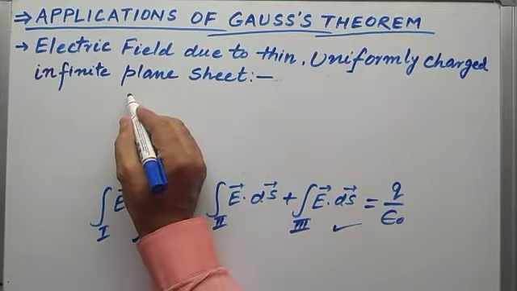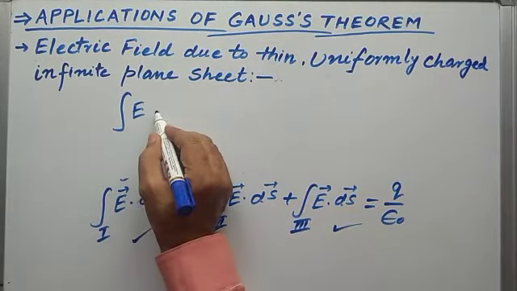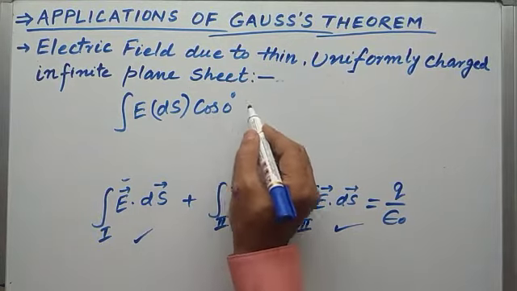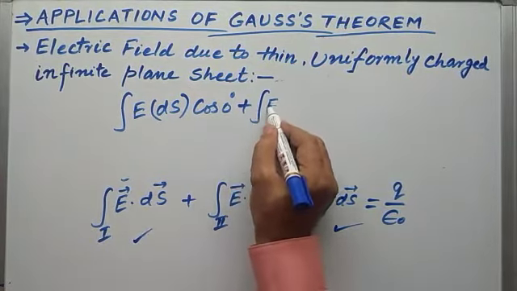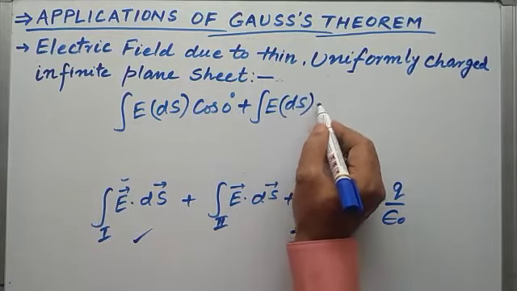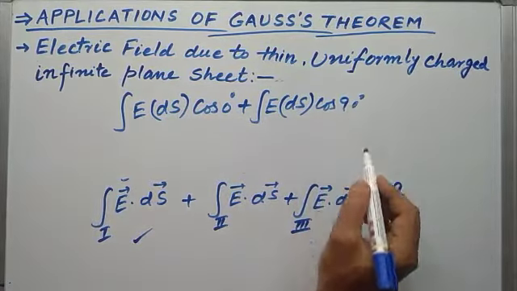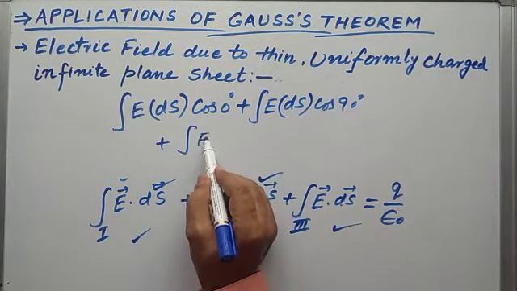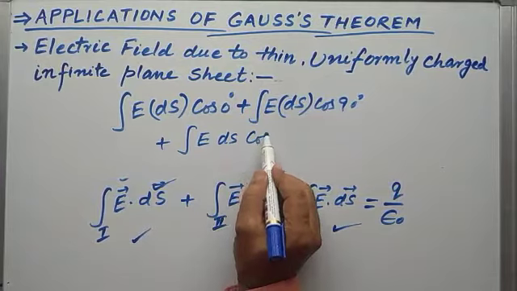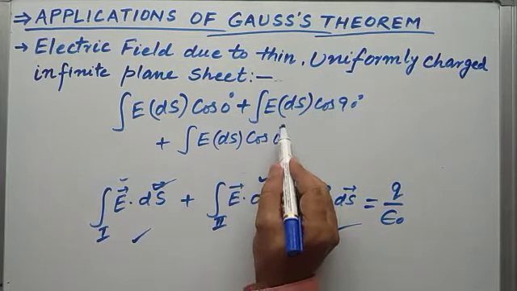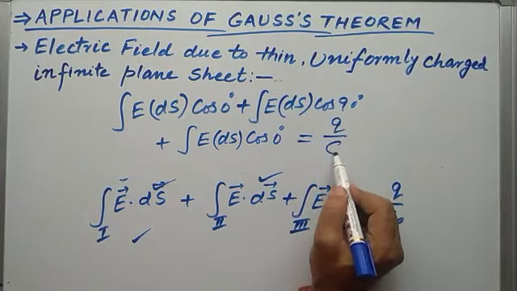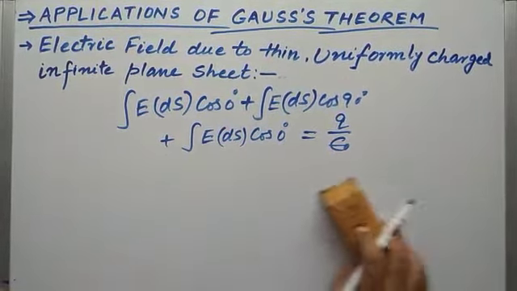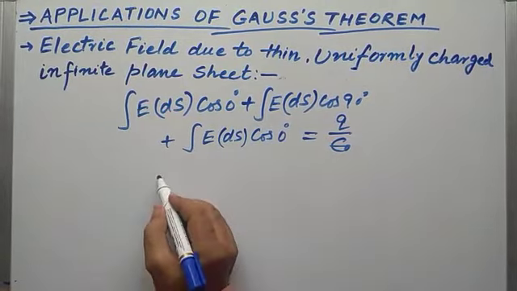So we can write E ds cos 0 degree plus E ds cos 90 degree plus E ds cos 0 degree equal to q by epsilon naught. Now simple calculation.